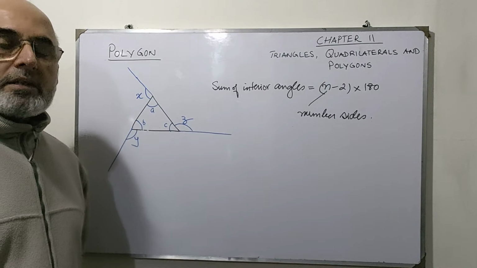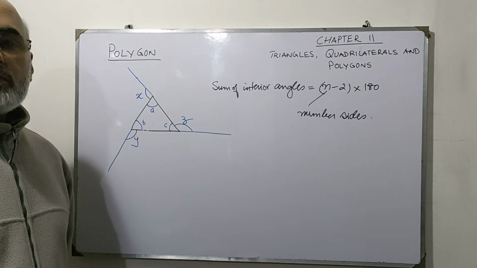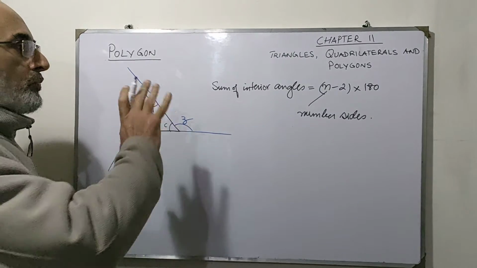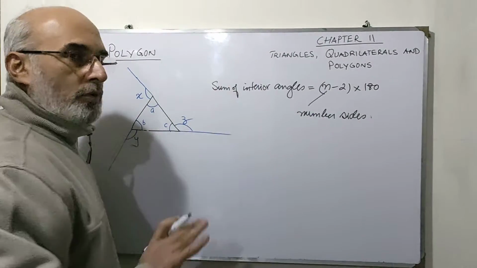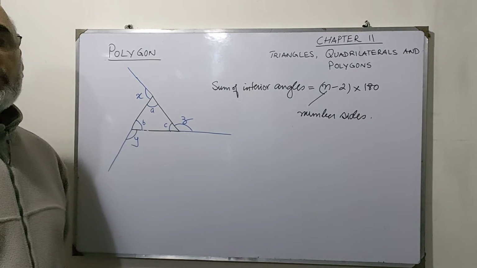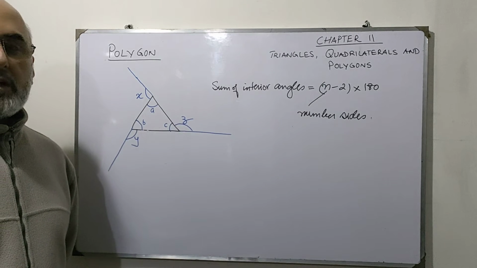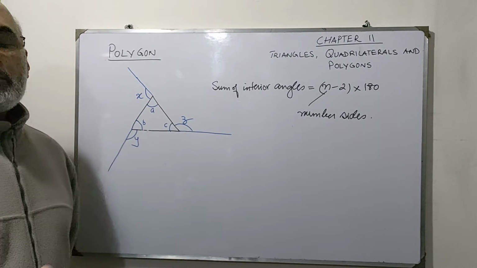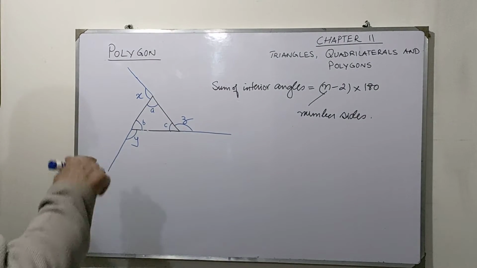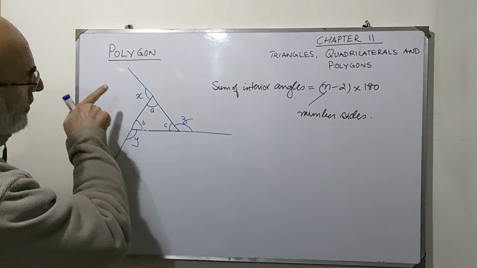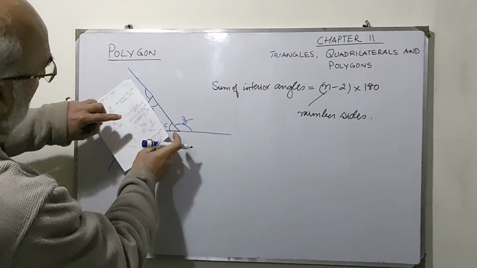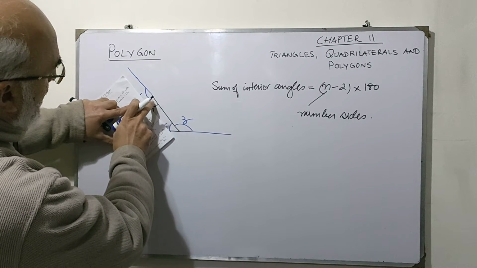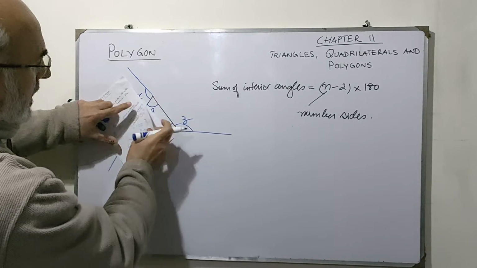Why am I naming these angles? Because we need to know the sum of the exterior angles also. We know the sum of the interior angles with this formula, but it would be beneficial to know the sum of the exterior angles of any polygon too. Now, if we look at this, this is a straight line, and on a straight line I have this angle and this angle.